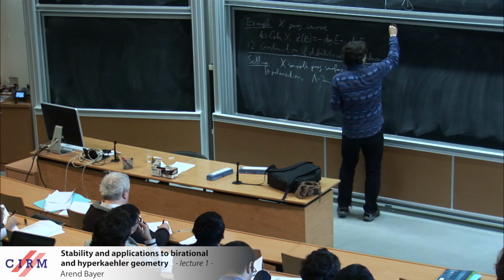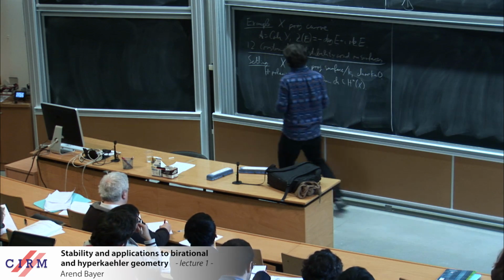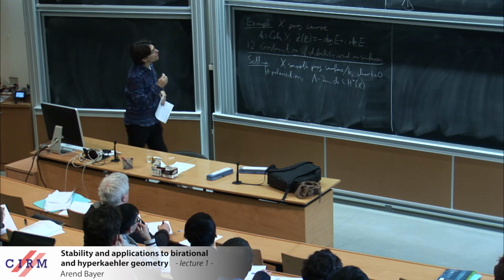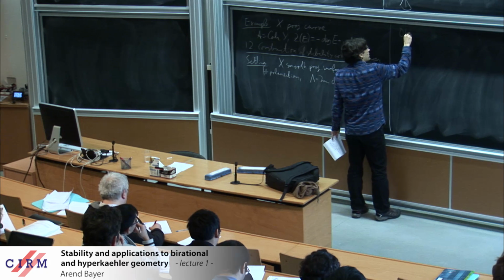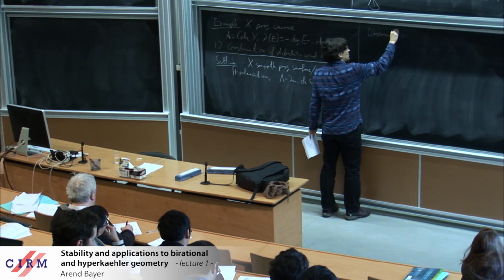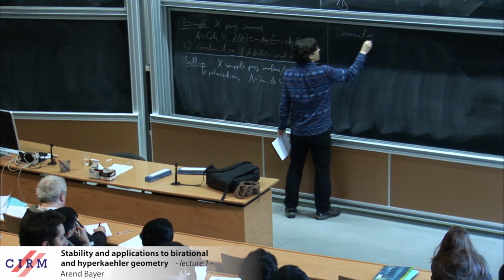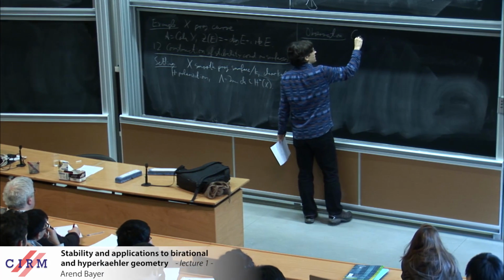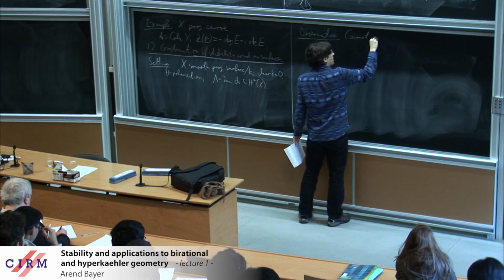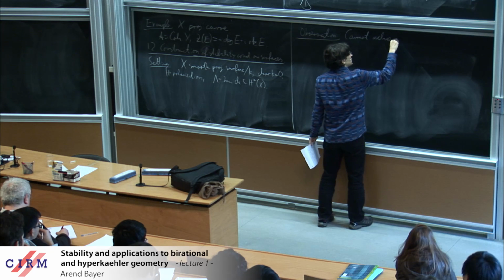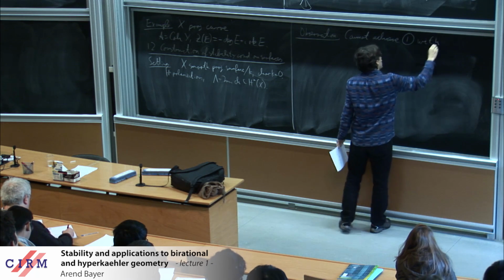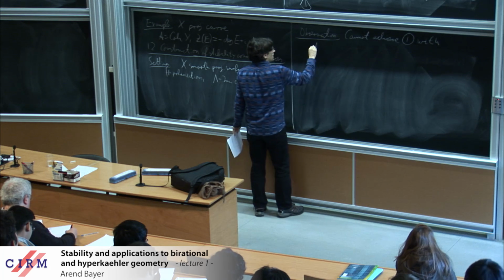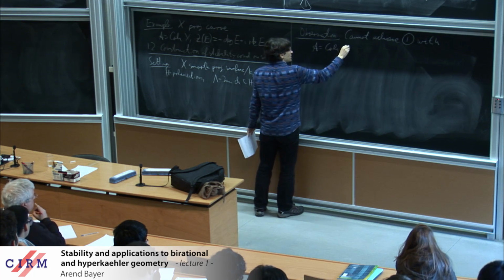And the first observation is that I can't even achieve property 1 if I were to try to use coherent sheaves. So I cannot achieve just this property 1 with A equal to coherent sheaves.